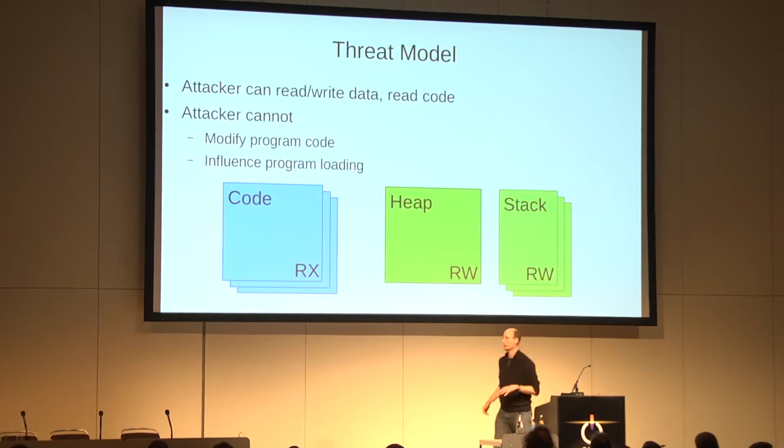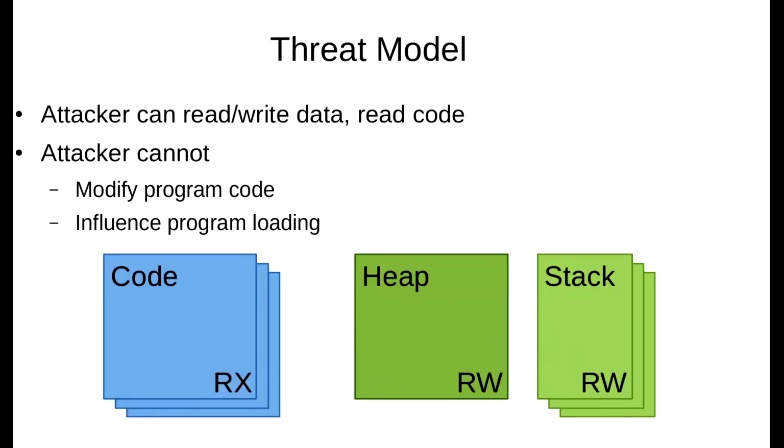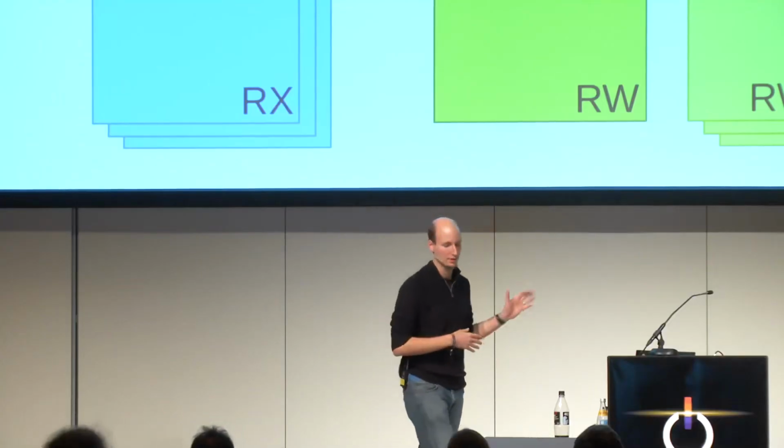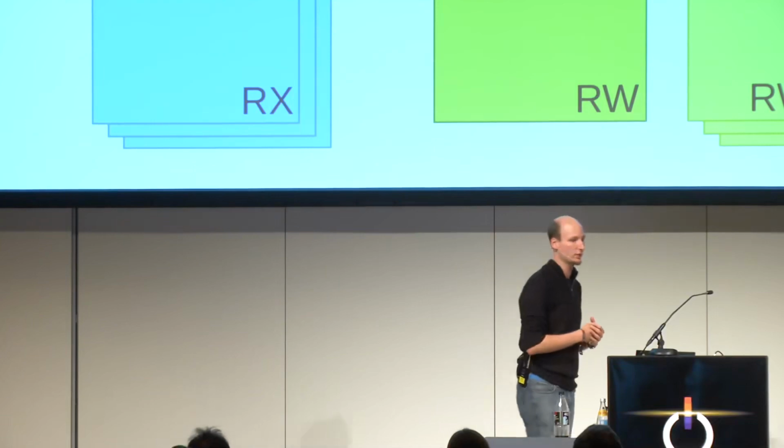The threat model that we're going to have for this talk looks as follows. We assume that our attacker can read and write arbitrary data in the whole process image. The attacker can read code as well, but cannot modify the code as it is being executed. We'll discuss some of these limitations later on. The attacker also cannot influence program loading.